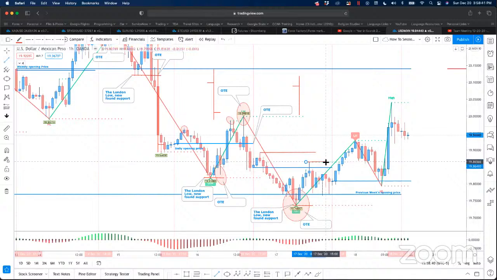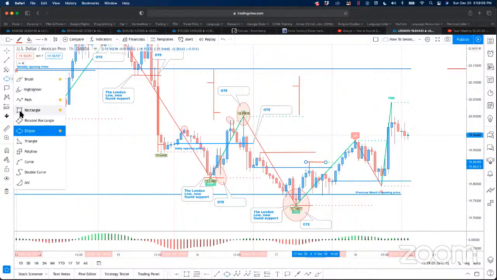If we don't catch this, we get 1, 2, 3 entries near the previous week's high, previous week's opening price, and 50% of this imbalance candle. We get entries off of that same area, right?